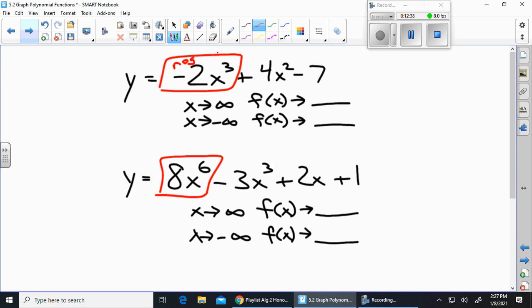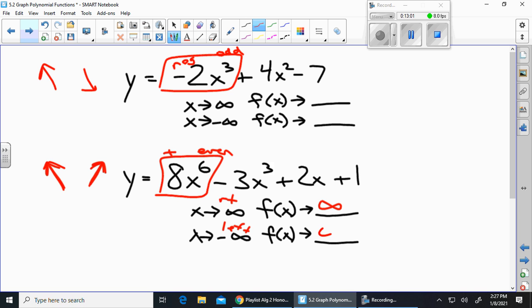Negative, odd. If it's negative, it's opposite. Positive, even, both up. Well, how do I fill this in? Where's this arrow to the right? Up. Where's this arrow to the left?